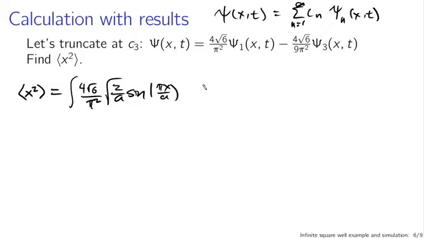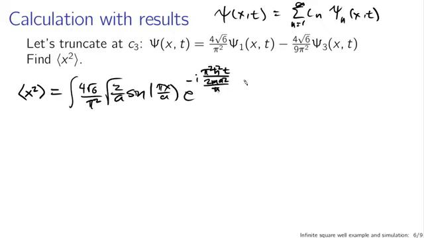We have to include the time dependence now, since I'm looking for the expected value of x squared as a function of time. And we have e to the minus i times pi squared h bar squared t over 2ma squared, all divided by h bar, or I could just cancel out one of the h bars here.